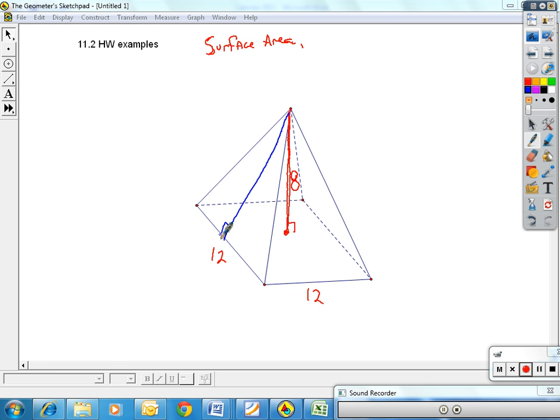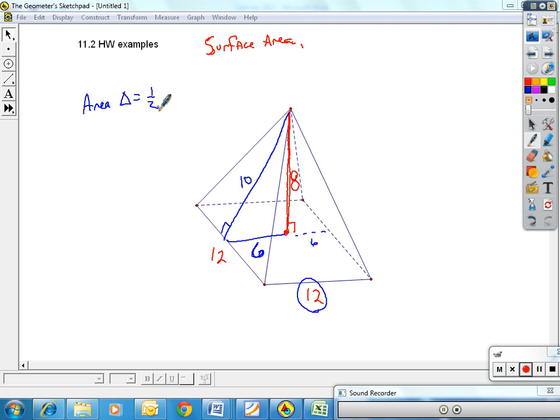Well, what do you know? This looks like a right triangle to me. Do I know the parts of this right triangle? I sure do. This is an 8. This distance here has got to be 6. It's got to be half this distance, right? 6 and 6 make 12. So this is a 6, 8, must be 10, and now I'm on my merry way. Find the area of each triangle.